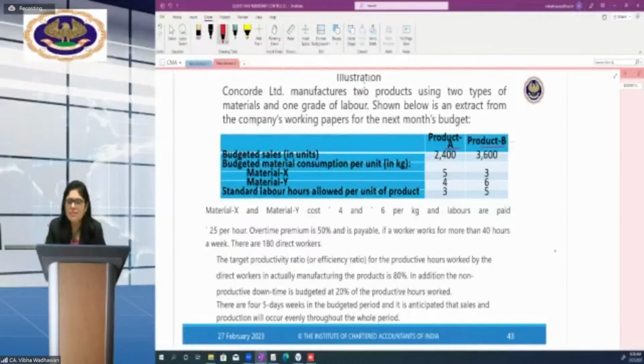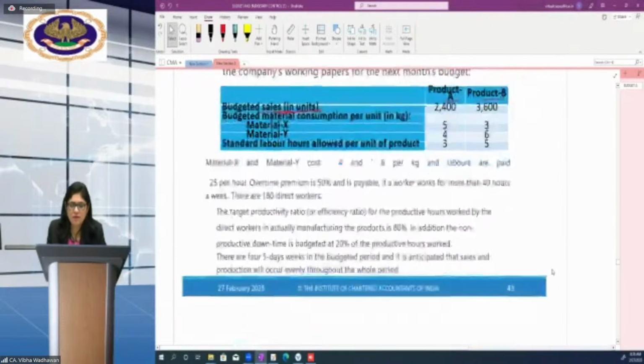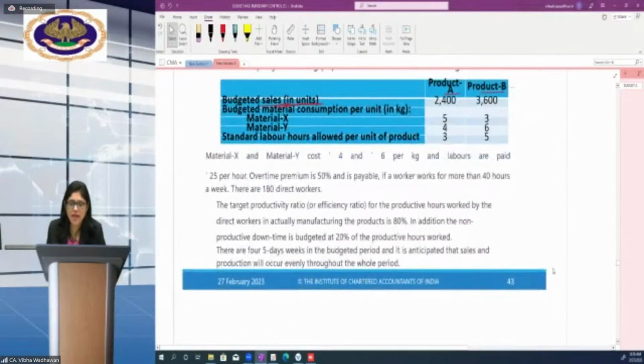Budgeted sales in units, budgeted material consumption per unit, material cost per kg is given, labor rate is given, overtime is given if the worker works for more than 40 hours, indirect workers are given, then target productivity ratio is given. Here we have to make the purchase budget and the labor budget also. There are 4 5-day weeks in the budgeted period.